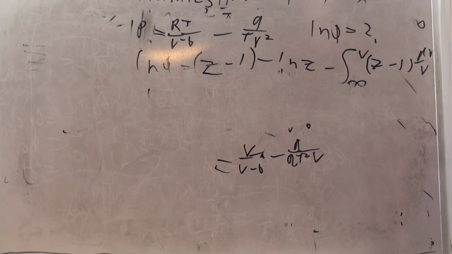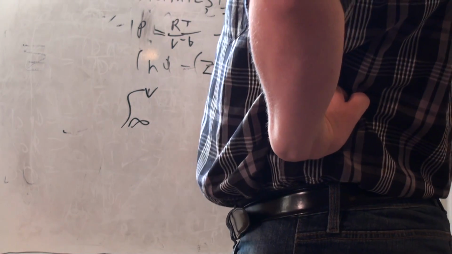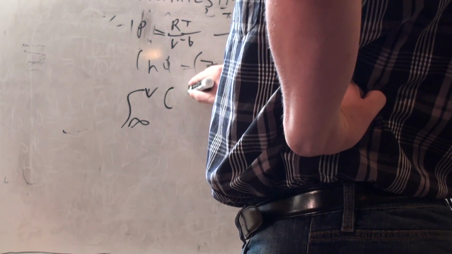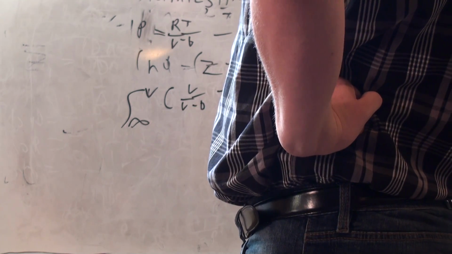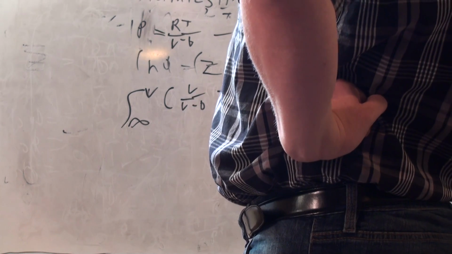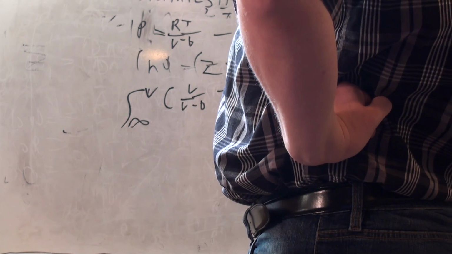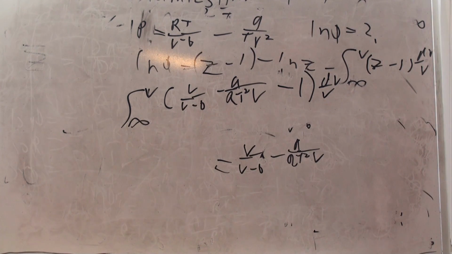So my integral from infinity to v of z minus 1: I've got v over v minus b minus a over RT squared v, minus 1, dv over v.